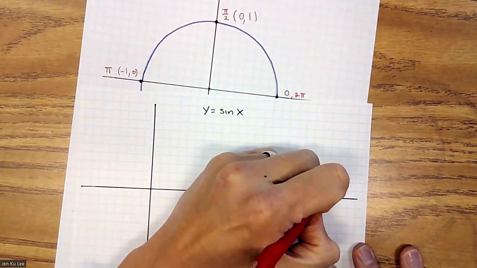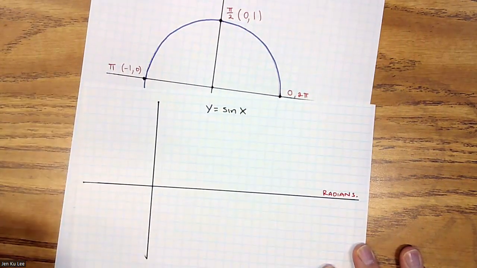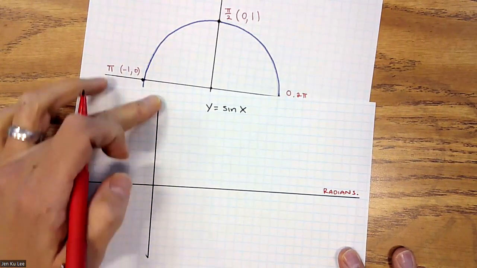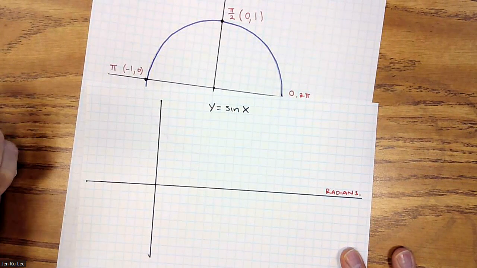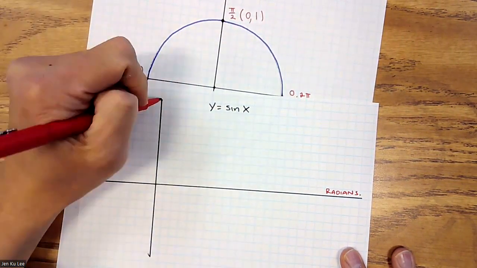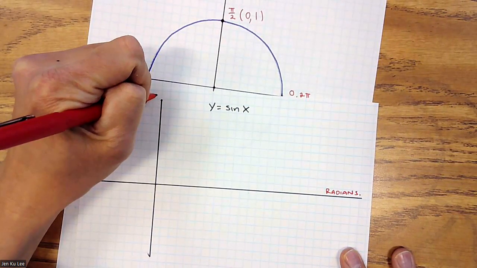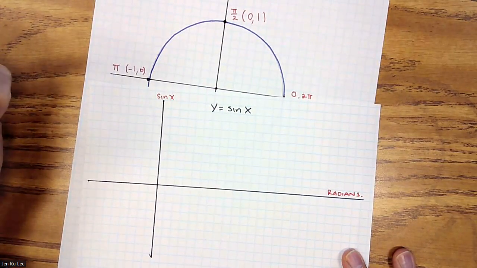I'm going to put radians here. And my y-axis is just the value of whatever trig function we're doing. This first one is going to be sine, so this y-axis is actually sine of x.